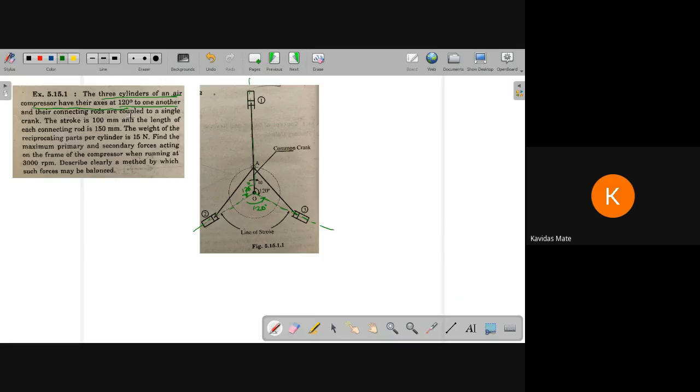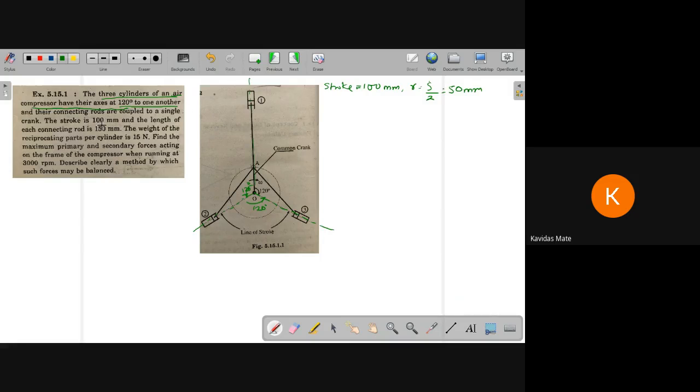And the connecting rods are coupled to a single crank. So this is a radial engine, coupled to a single crank over here. The stroke is 100 mm. Based on the stroke, we can find the radius of crank, that is nothing but stroke divided by 2, which is equal to 50 mm.